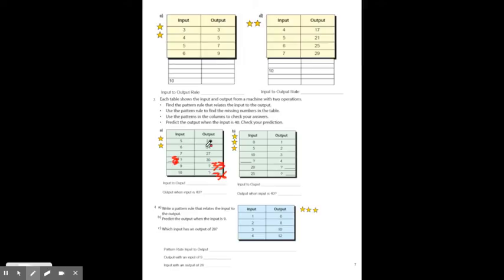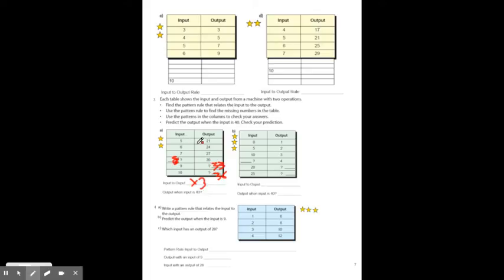I know it's a growing pattern. So adding 5 plus 16 would give me 21, but 16 plus 6 will not give me 24. So I'm going to start with multiplying. I'm going to take my input and multiply it by what this is going up by. This is going up by 3s, so I'm going to multiply it by 3.